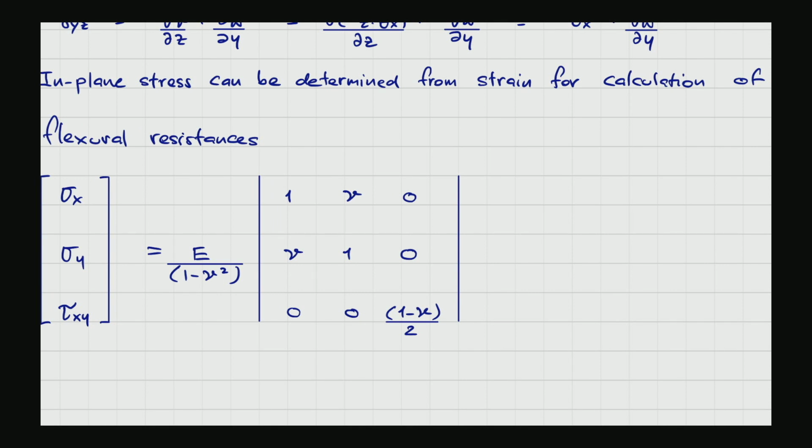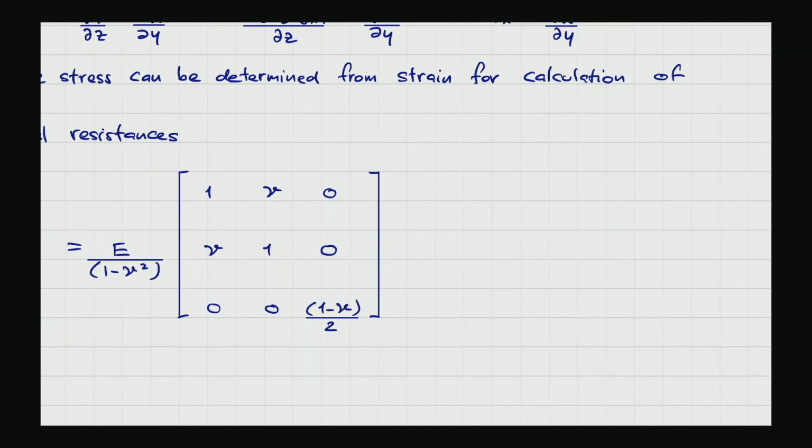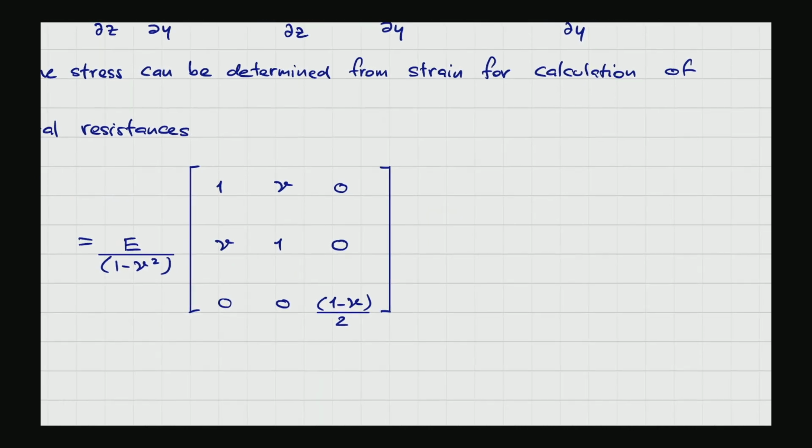And you will be multiplying this with your strain, which is going to be epsilon x, epsilon y, gamma xy.